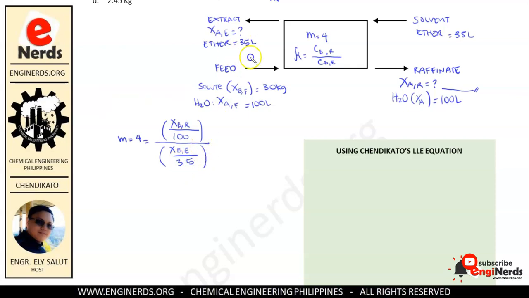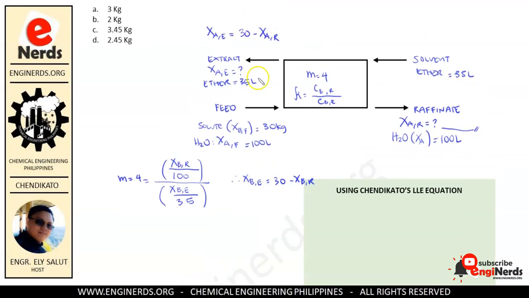Okay, so ito yon. Now, we know that XBE is equal to 30 minus XBR. Okay, so ito yon yung kaninang sinulat natin sa taas. Okay, so this one. So, isa-substitute lang natin itong value na to dito sa XBE natin dyan.